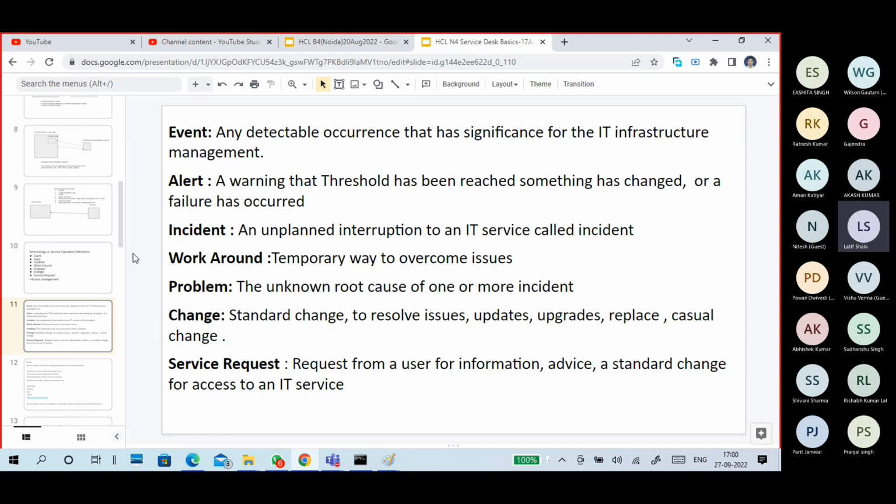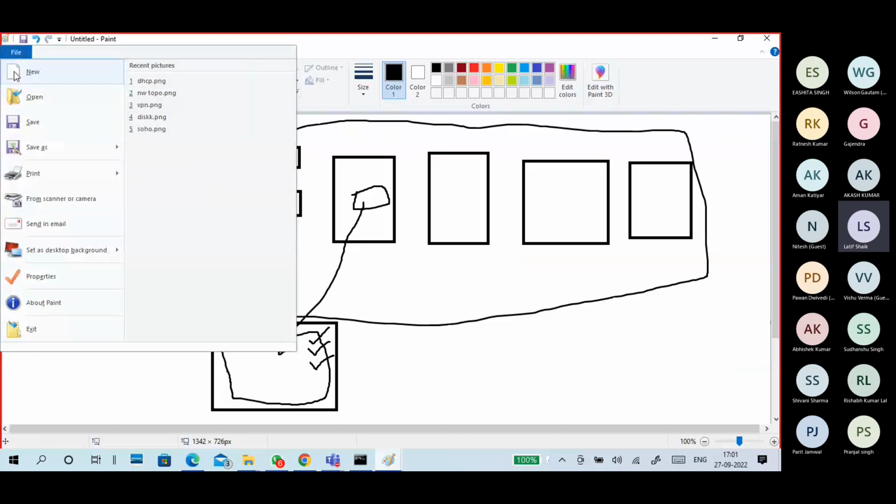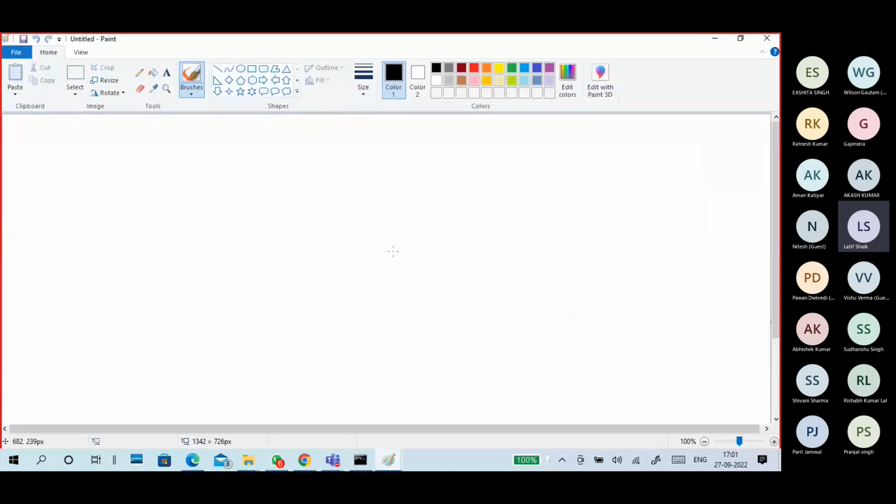I gave one example in one batch, and they forgot about the example.